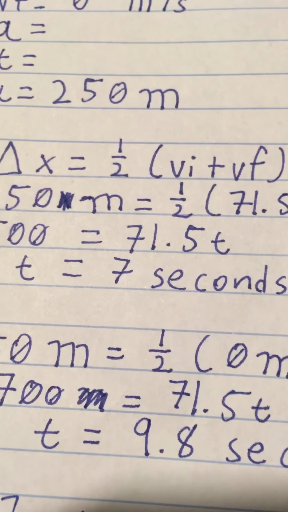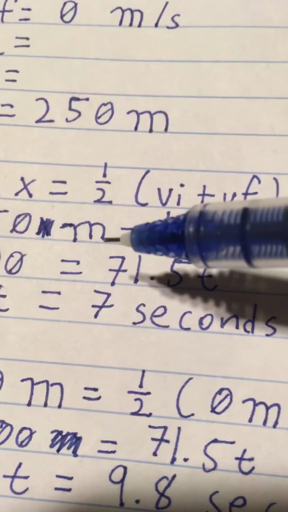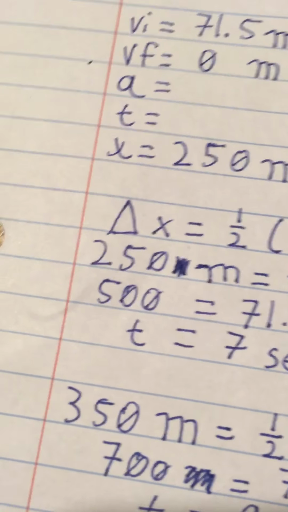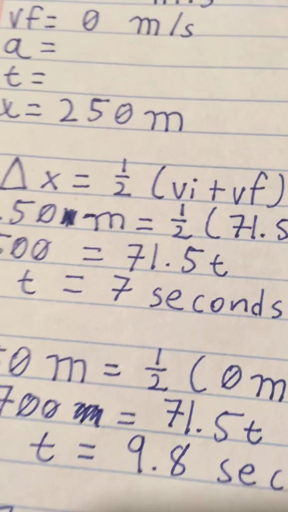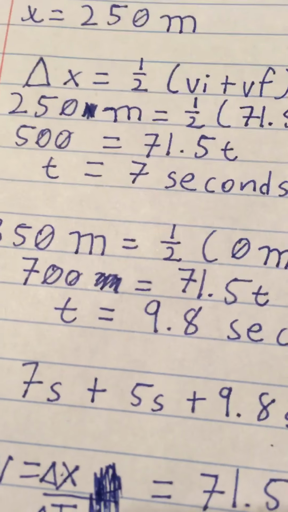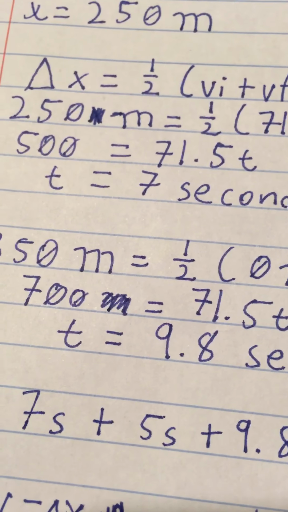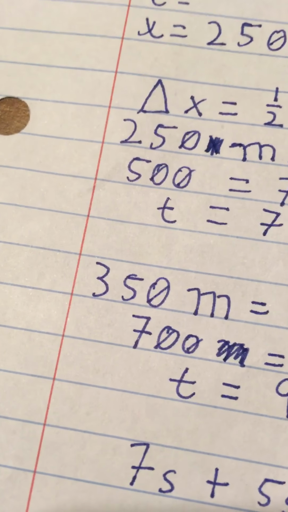Then here I just multiplied both sides by 2 and divided by 71.5 and got 7 seconds. Here I did the same thing except with different variables, such as 350 meters.